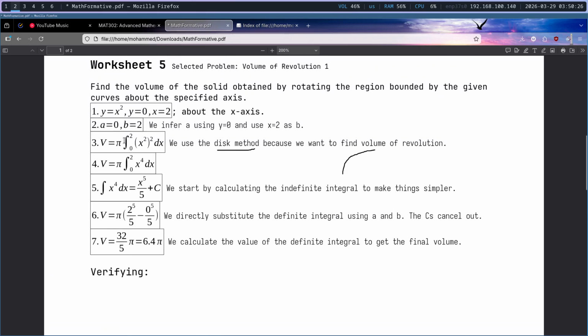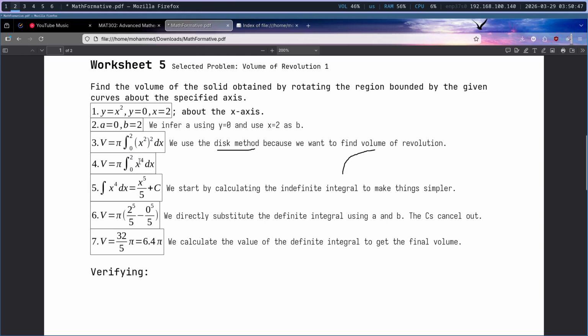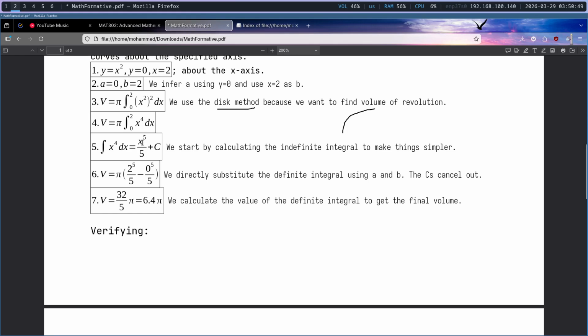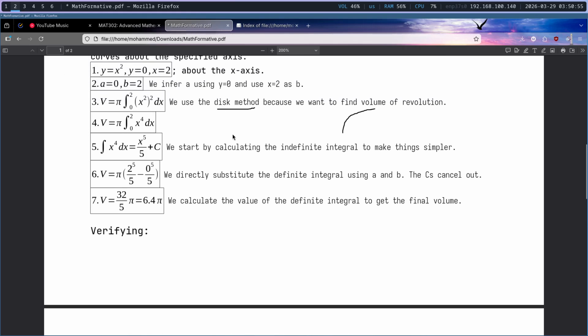The disk method states that we should use this formula, which is basically multiplying pi by the definite integral of whichever function or curve we are trying to find the volume of revolution of, squared. So in here we had x squared, we square that, we get x to the 4th power, from 0 to 2, and pi is just a constant, it's part of the disk method.